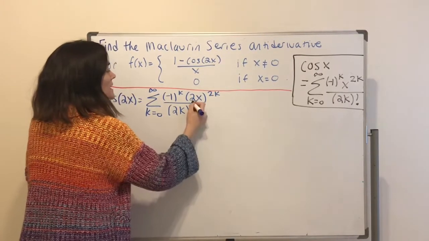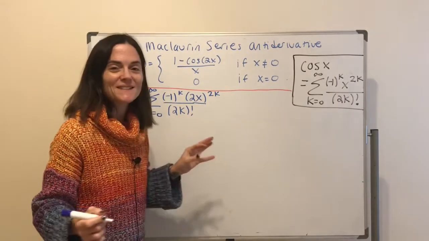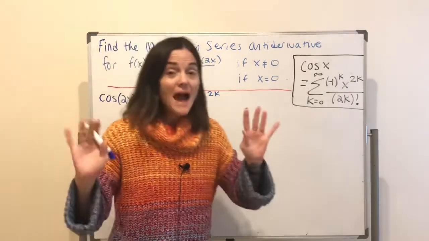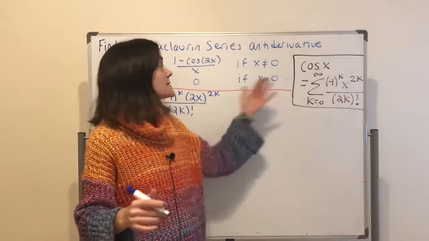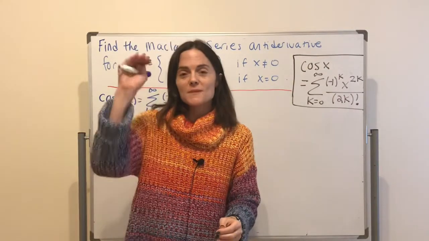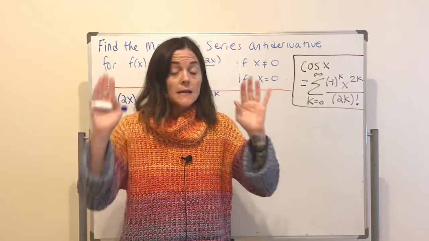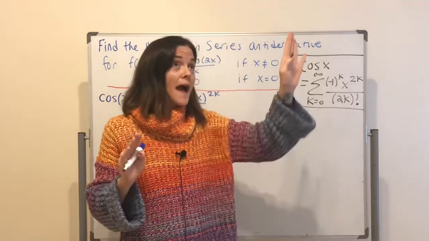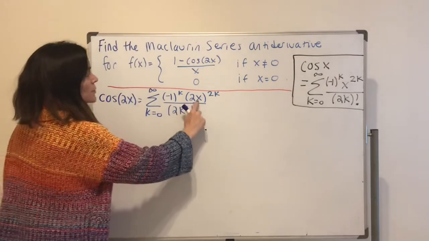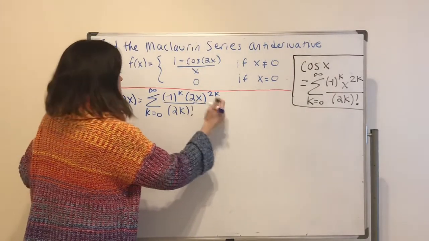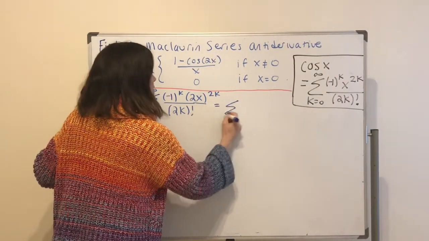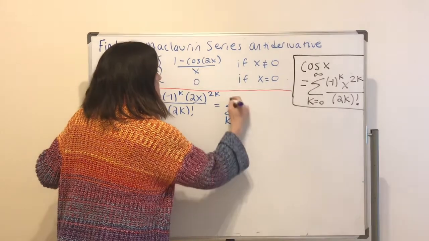But we don't want to leave it like this. If you remember our discussion, a power series, centered at 0, is of the form c_k x to the k, or it's a power, right? Coefficient times x to a power, which means I cannot leave it like this. So we use properties of exponents.